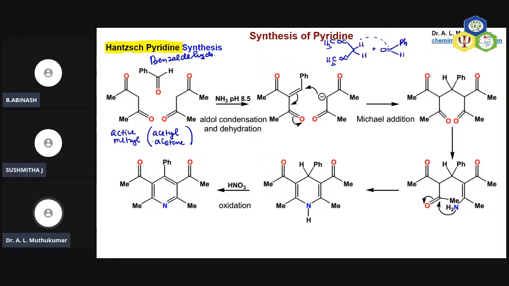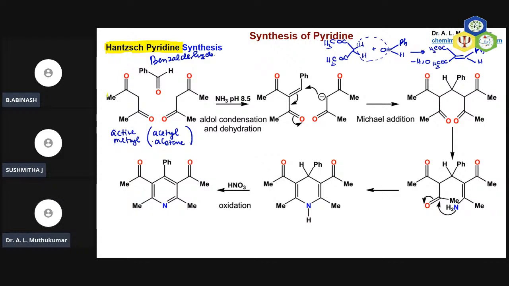In the presence of base, just removal of a simple water molecule will take place. You have a double bond here, you have a phenyl group, you have hydrogen. That means the formation of an alkene will take place. That is what is happening here.